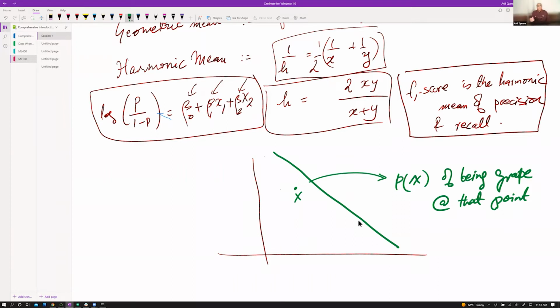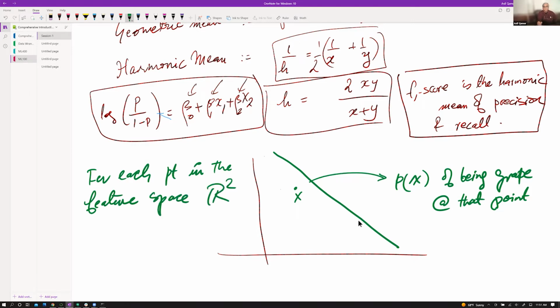So for each point in the feature space R2, for each point, let's say x in the feature space, there is a probability of it.